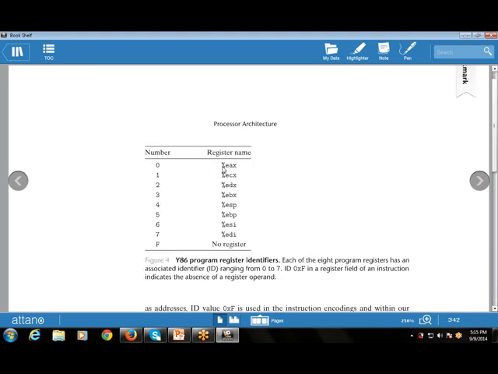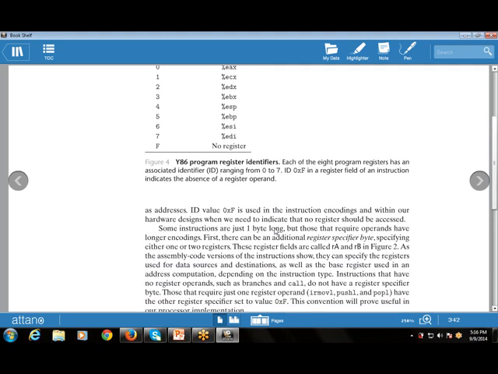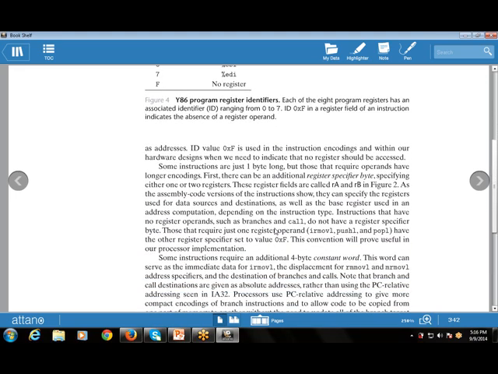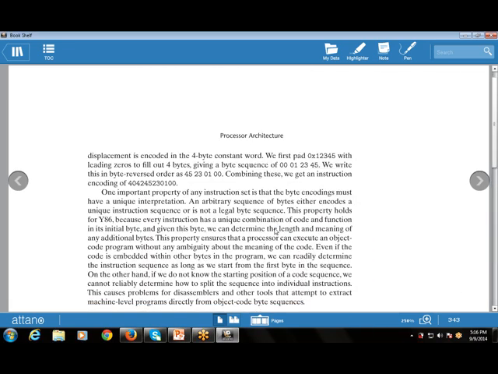These are the numbers used for registers. Number 0 represents register %EAX, 1 ECX, 3 EBP, 4 ESP and so on till 7, and the last is represented by F, that is no register. All this I have discussed with the help of slides.